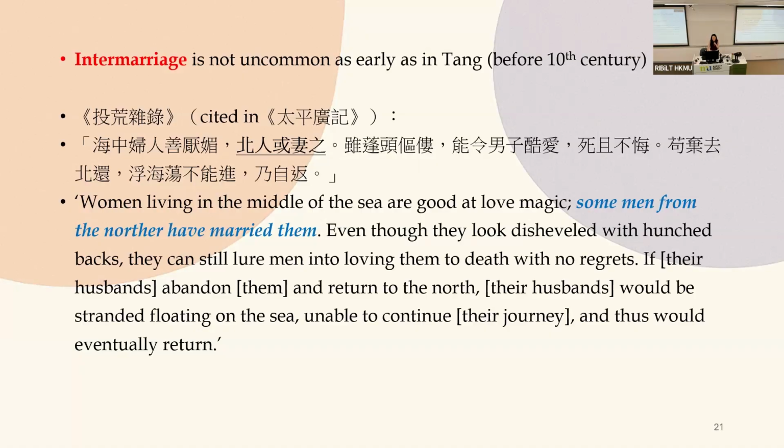So they charm the men from the north and marry them. And in this sort of discussion, although the indigenous women are often cast in a discriminatory or derogatory light, we can still tell that such ethnic integration through marriage was probably possible, or even sometimes quite common at the time.